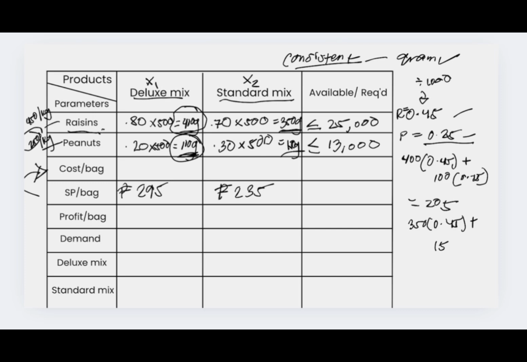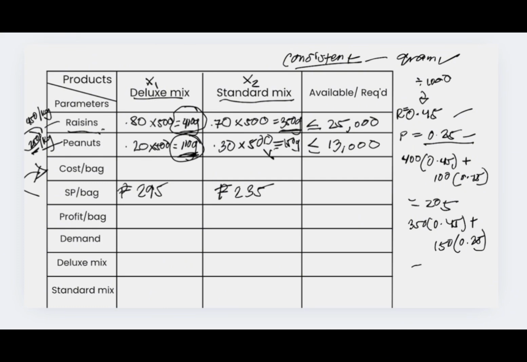This is 150, because 0.30 times 500 is 150 grams, and I wrote 15 earlier by mistake. Anyways, let's go back.